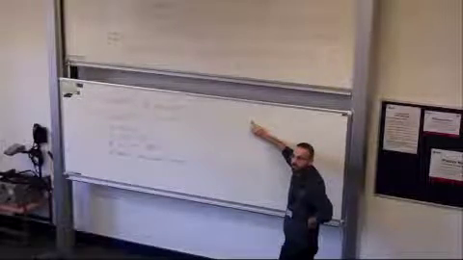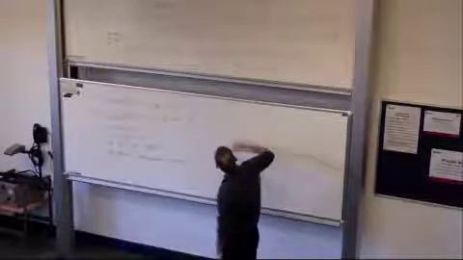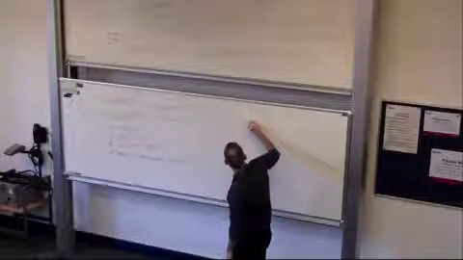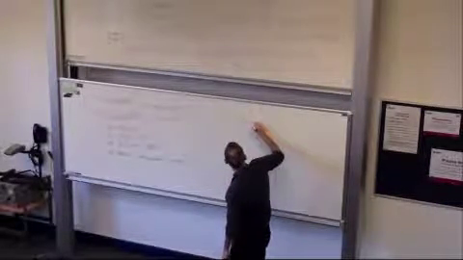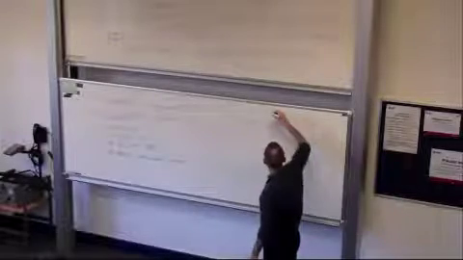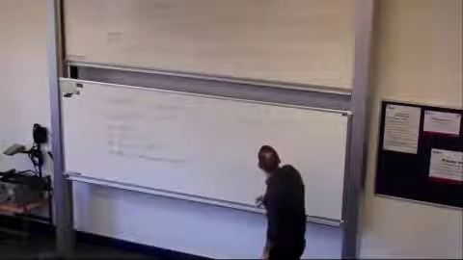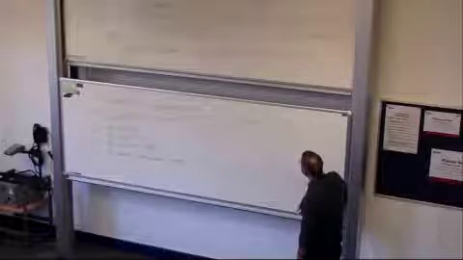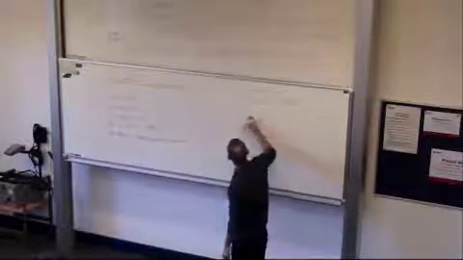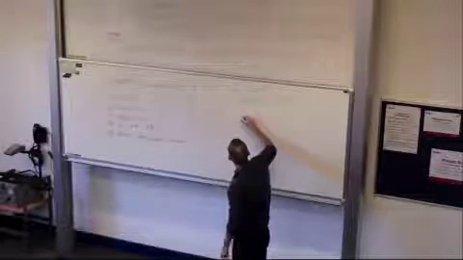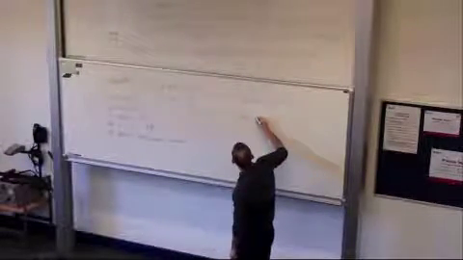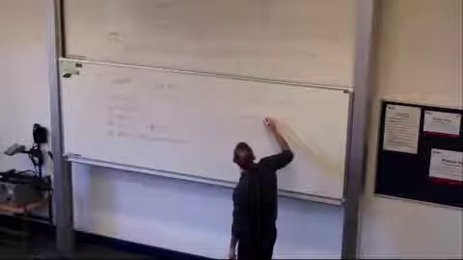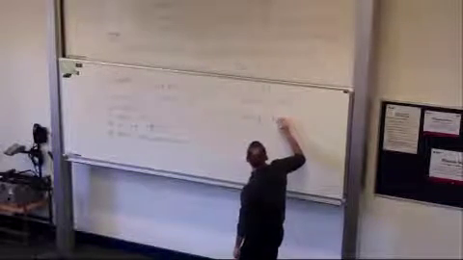Does it make sense? Let me rewrite it this way: y minus z is equal to 0, so y is equal to z, which we call lambda. You can look at it this way: that equation means 0 times x plus 1 times y minus 1 times z.